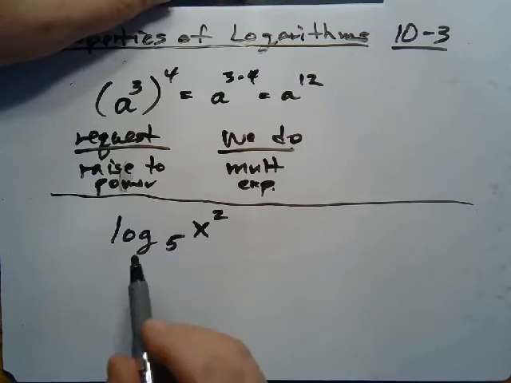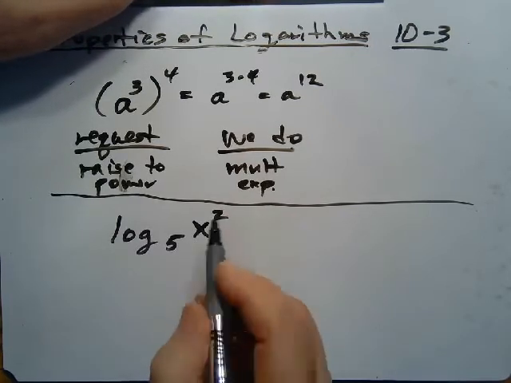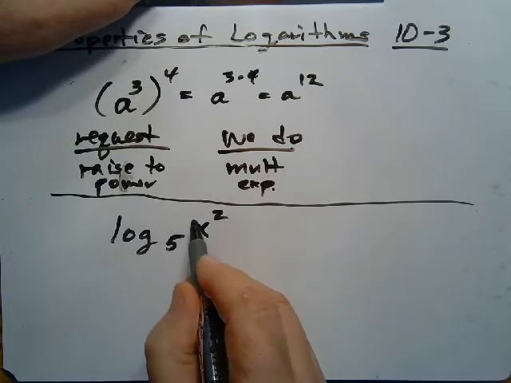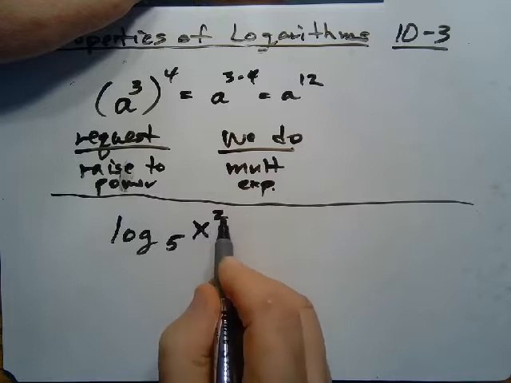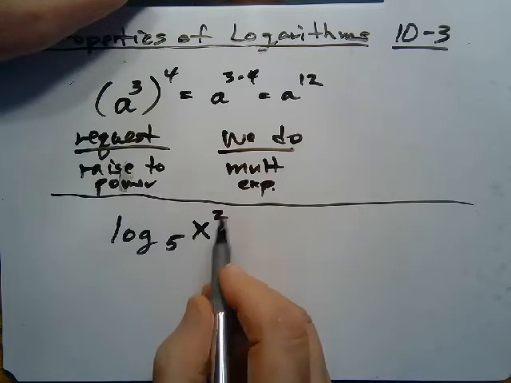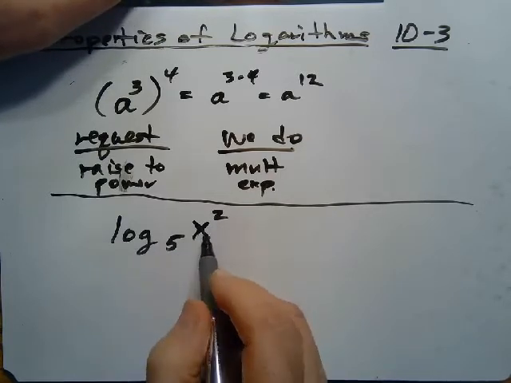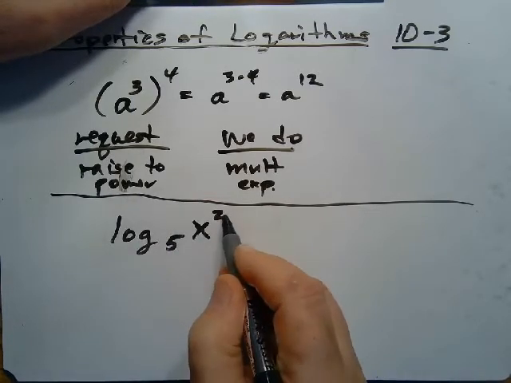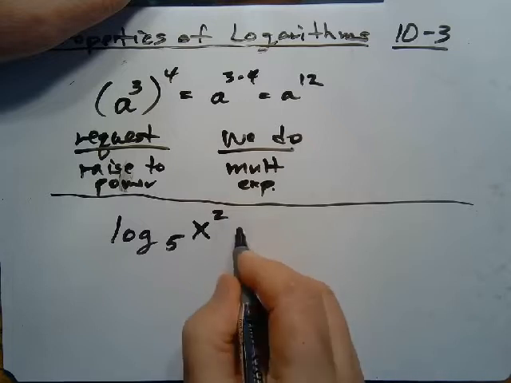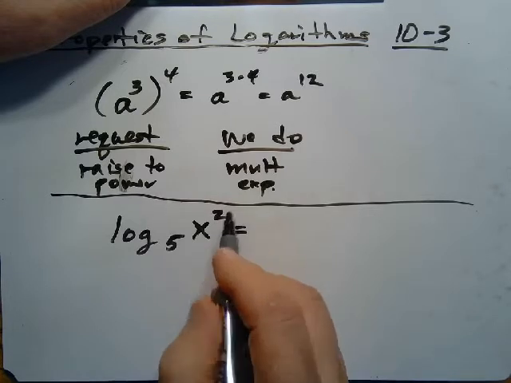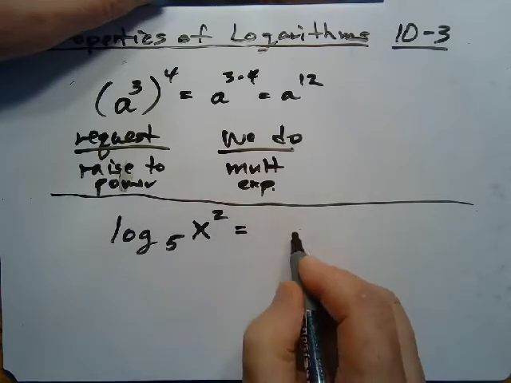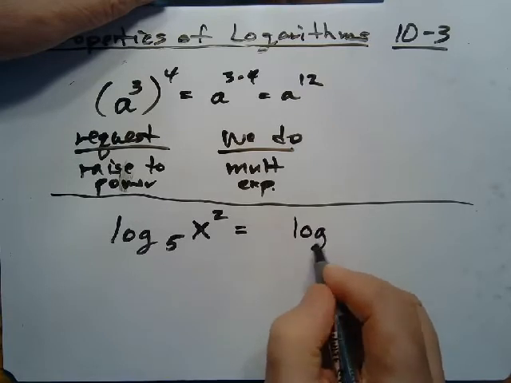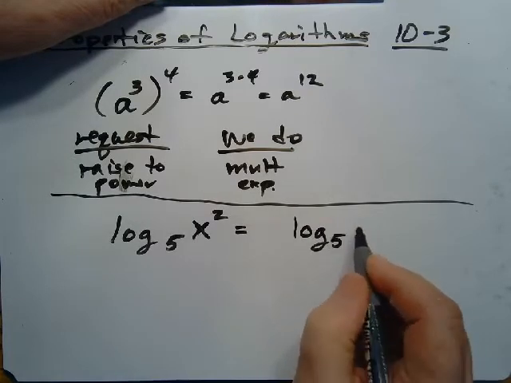All right, let's take a look at this problem. You'll notice that this time the result contains an exponent. And so the request here, just like up here, is to raise this to a power. Well, what does that mean? If a request is to raise to a power, we are going to find ourselves multiplying.